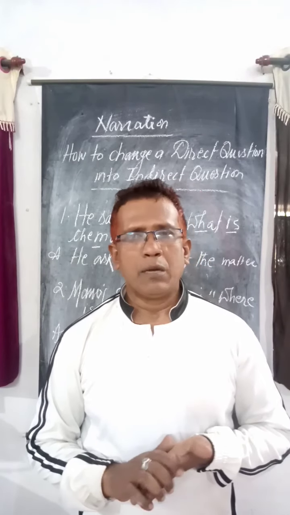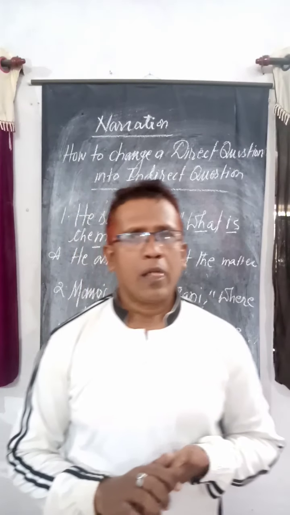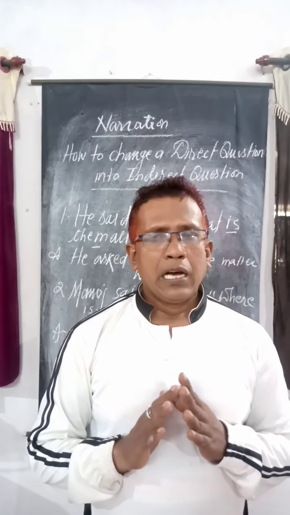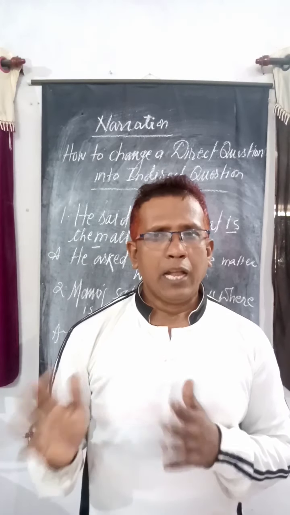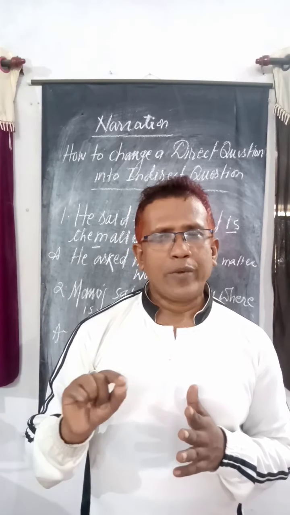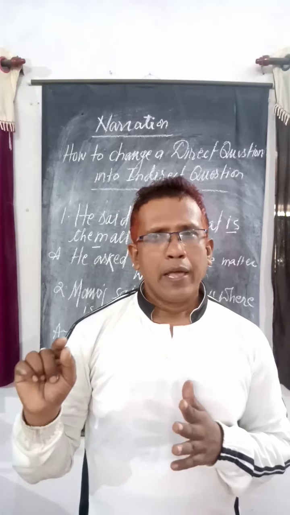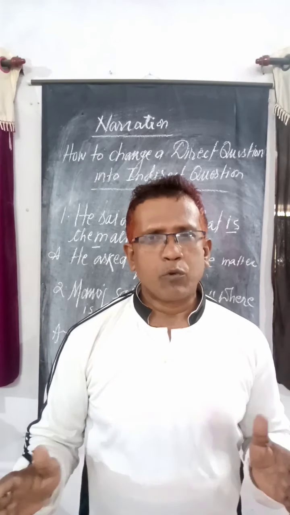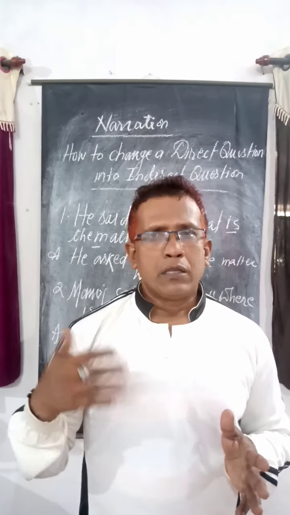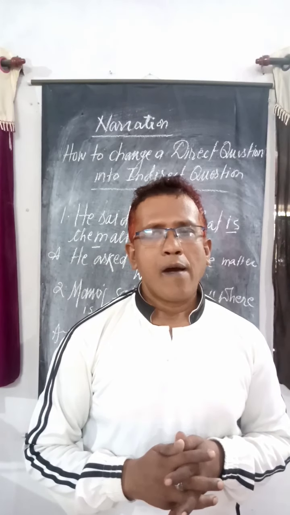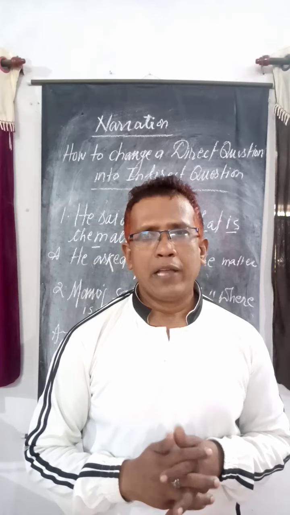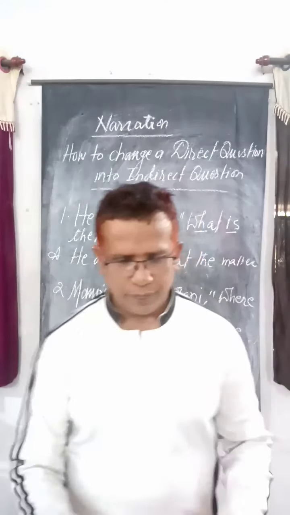The third and most important thing is the rule of WH words and helping verbs. The sequence of WH words and helping verbs is broken, and the helping verb is shifted to the final position of the sentence.